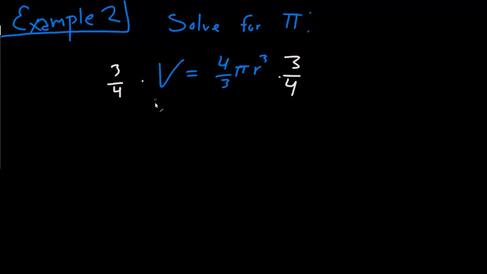And what we're left with is 3/4 V on the left side equals pi times r cubed. Okay, and what's next? We're going to go ahead and divide both sides by r cubed.